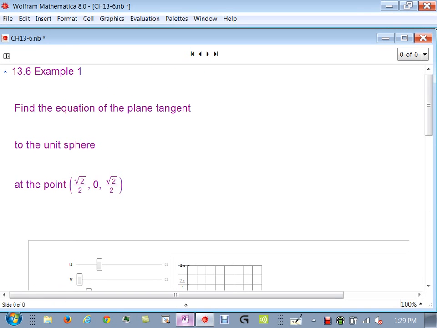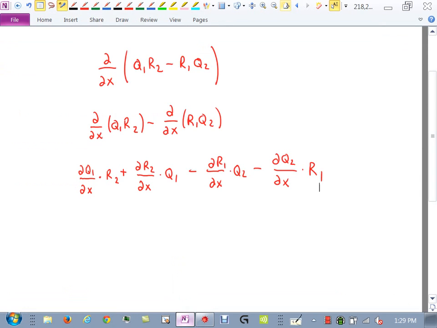Okay. Find the equation of the plane tangent to the unit sphere at the point root 2 over 2, 0, root 2 over 2. So first thing I'm going to do is write down the equation of the unit sphere as a vector function. And that was the example I just gave us, wasn't it? So look back in your notes.